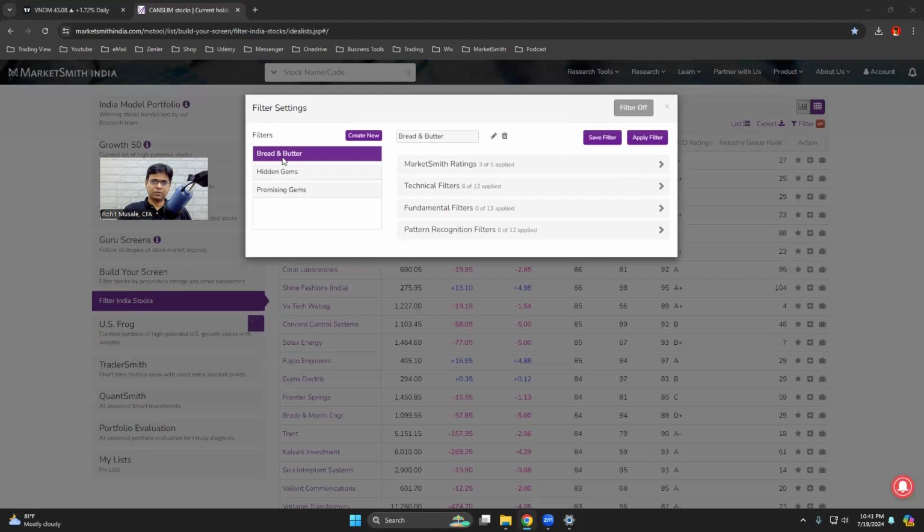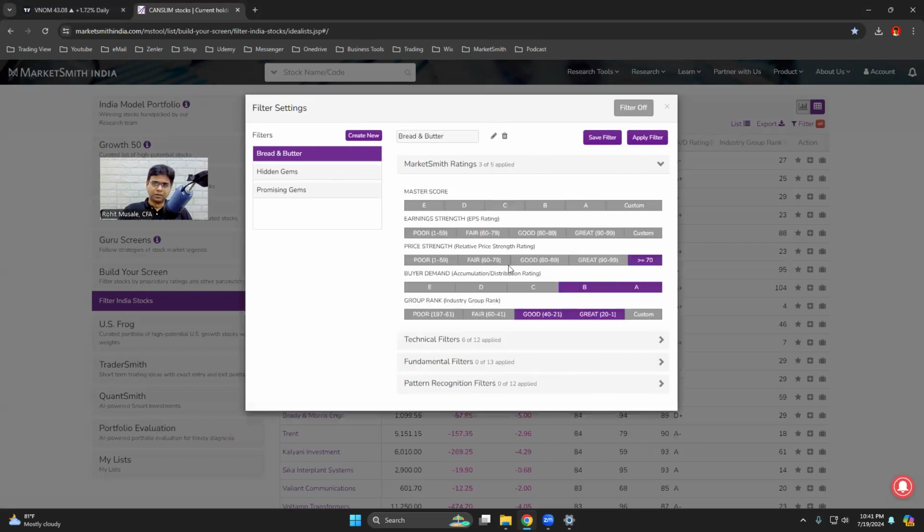So now I come to the filters. Now, first filter is bread and butter. So this is my first filter. Okay. So you see price strength is greater than equal to 70. This means any stock which has done better than 70% of the stocks in the Indian stock market, I want to look at only those stocks. Okay.